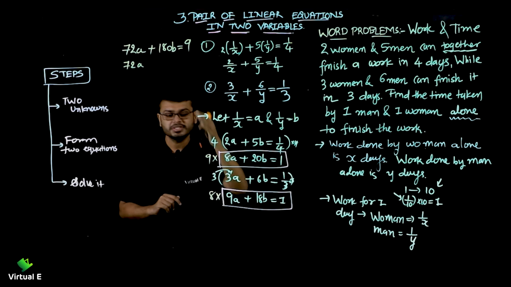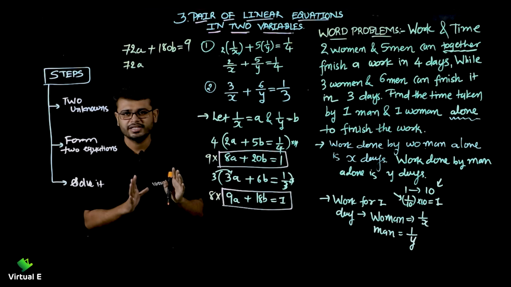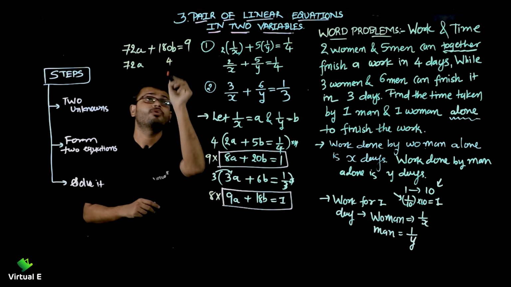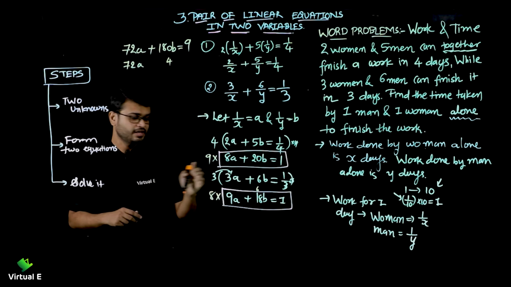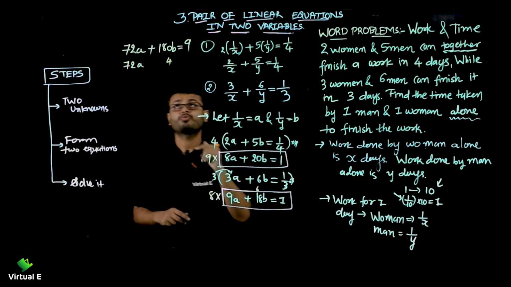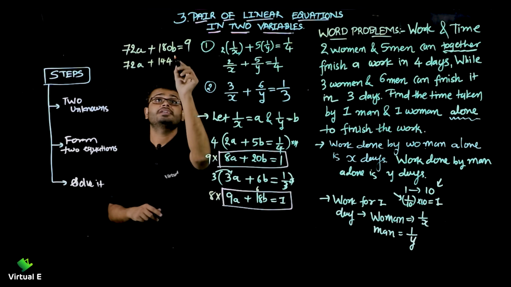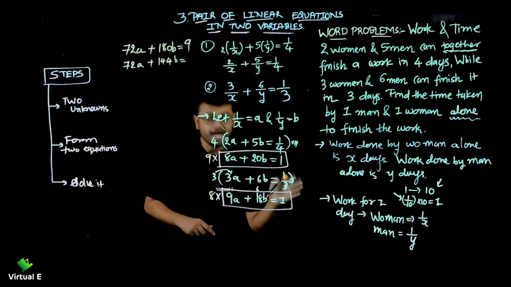See, same coefficients. Then 8 into 18. Do you know the table of 18? No? So let's multiply. 8 8s are 64, 4 over here, 6 as a carryover. 8 1s are 8 and plus 6, that is 14, plus b as it is, and 8 into 1. Don't forget to multiply with the RHS.